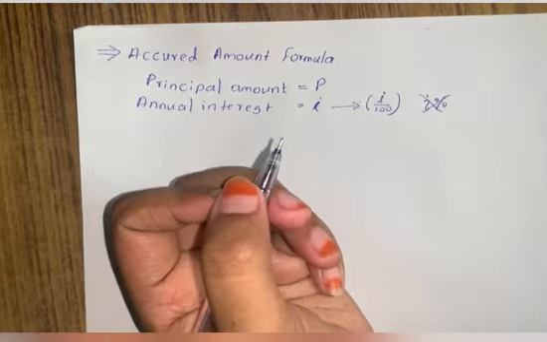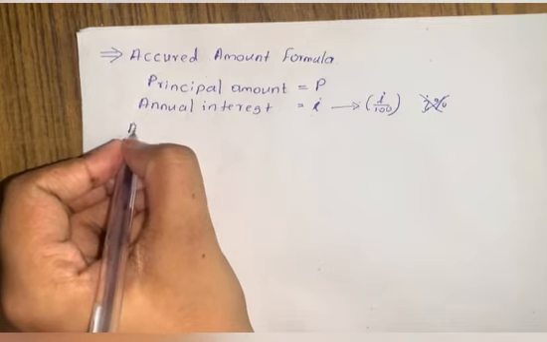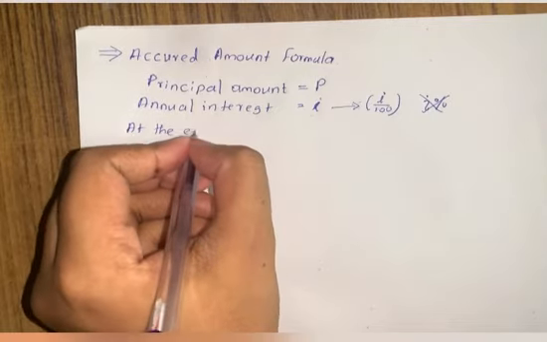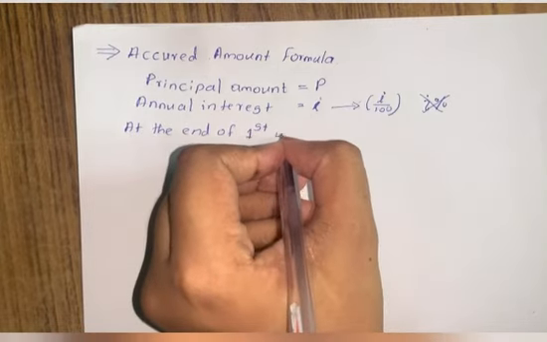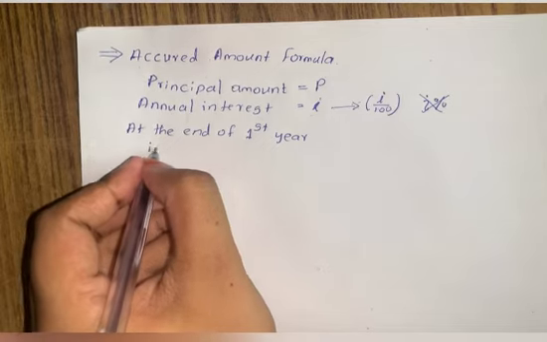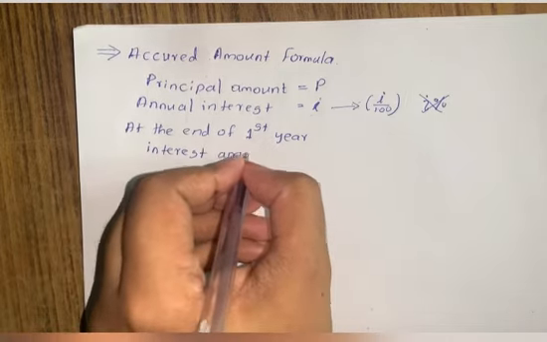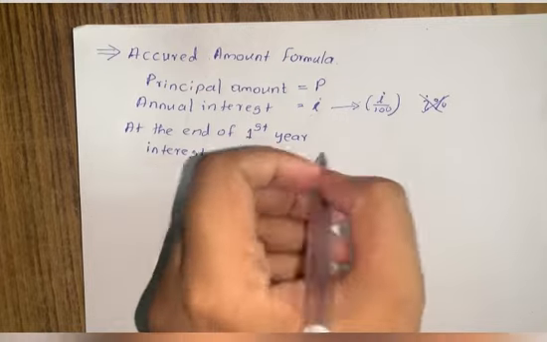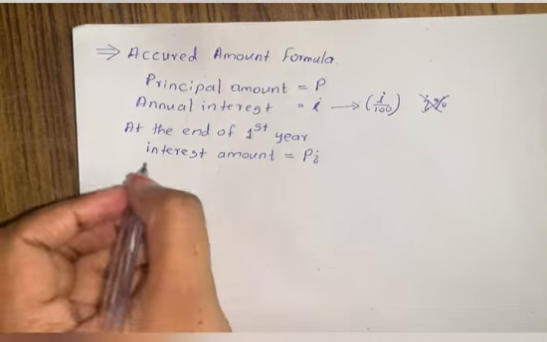At the end of the first year, what will be our interest? It will be P into I, because I is in ratio, so we can apply it directly.